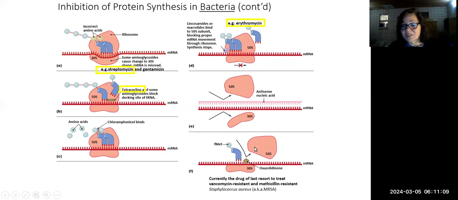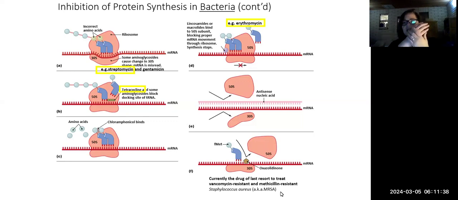Why does this matter? Because this is currently one of the drugs of last resort to treat certain bacteria that have evolved mechanisms to defend themselves against vancomycin and methicillin. I know that you've heard of the methicillin-resistant Staphylococcus aureus. This is MRSA, methicillin-resistant Staphylococcus aureus.